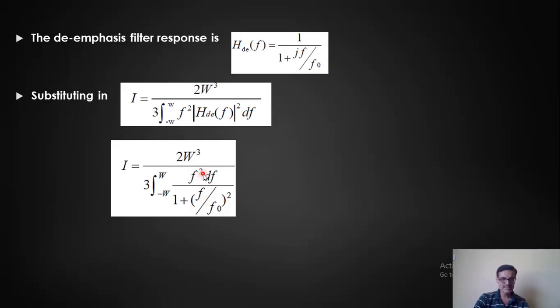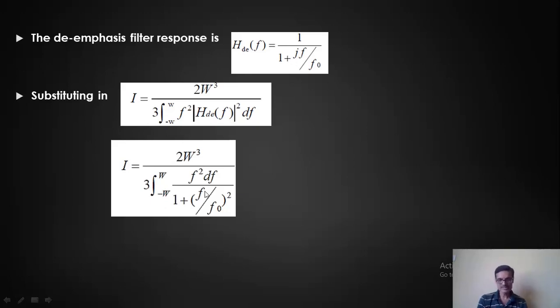So I'll take f square by 1 plus f by f naught square as x square by 1 plus x square. Somehow I convert it; you just use mathematical techniques and solve this. The integration of x square by 1 plus x square is x minus tan inverse of x.